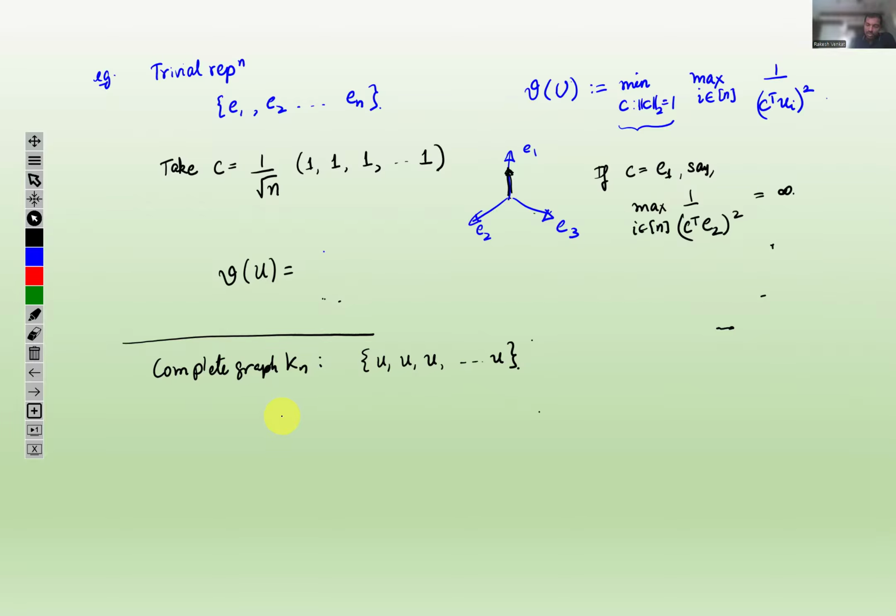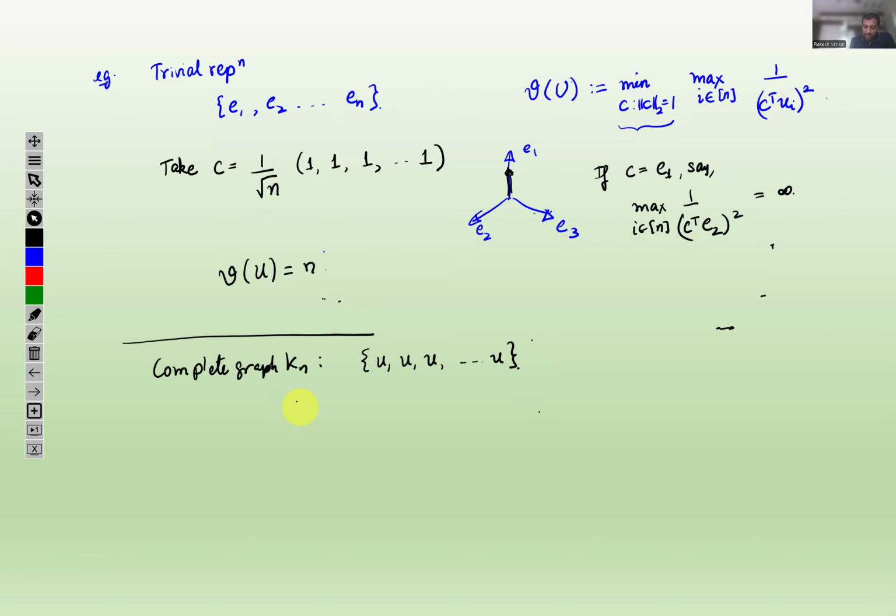So what is the handle that will minimize this? Yeah, so this one is equal to N. Good. So what is the handle that will minimize this for the complete graph? Yeah.